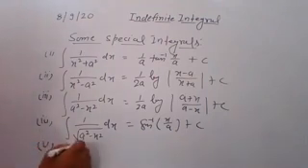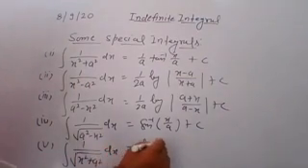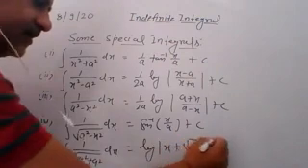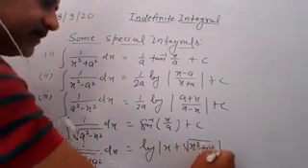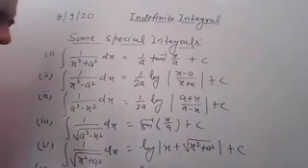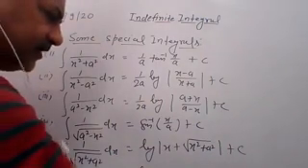Fifth one: integration of 1 upon under root x square plus a square dx is equal to log of x plus the same function, that is, under root x square plus a square, plus c. And the sixth one: integration of 1 upon under root x square minus a square dx is equal to log of x plus under root of the same function, x square minus a square, plus c.